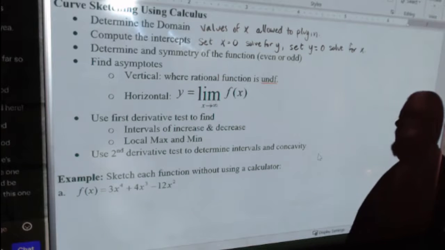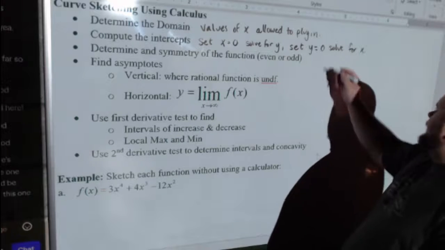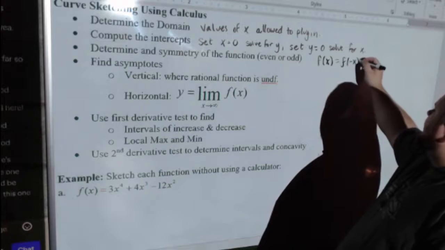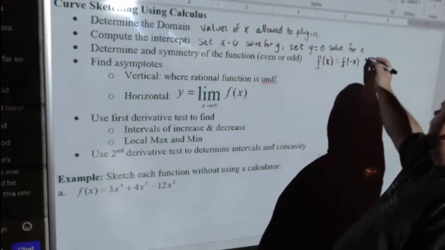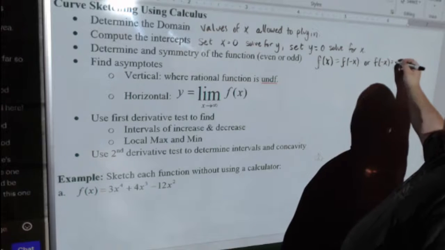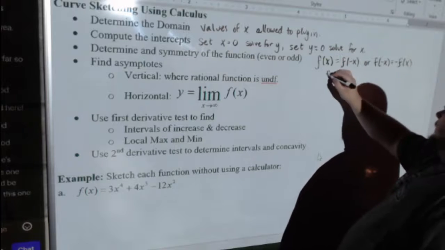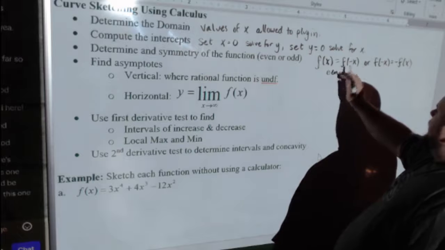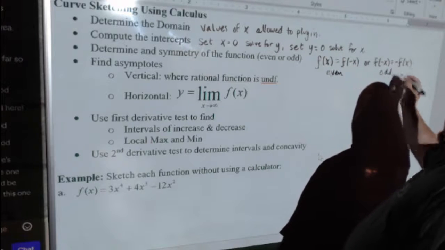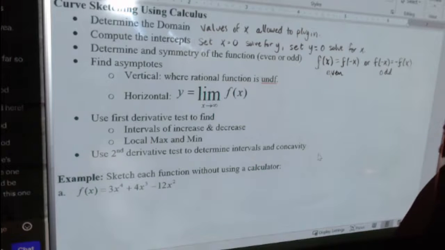Then it says determine, should say any symmetry of the function, even or odd. So that is f of x equal to f of negative x, or is f of negative x equal to negative f of x. So this is even, this is odd. Okay. Then find asymptotes.